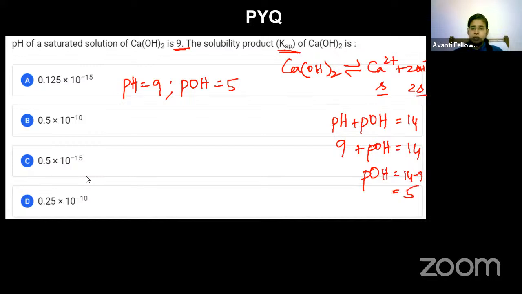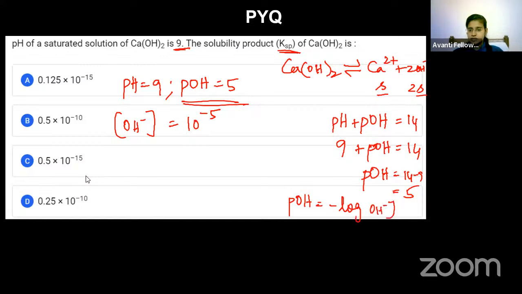pOH is 5. pOH is 5 means the concentration of OH minus ion is equal to 10 to the power minus 5. Concentration of OH minus ion is 10 to the power minus 5. Because we know that pOH is equal to minus log of OH minus concentration.